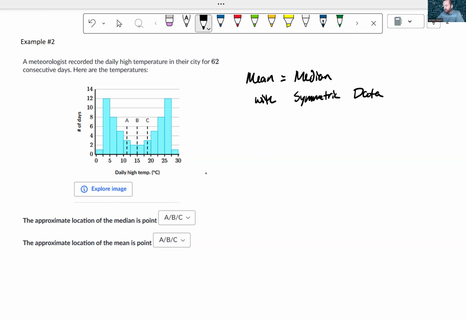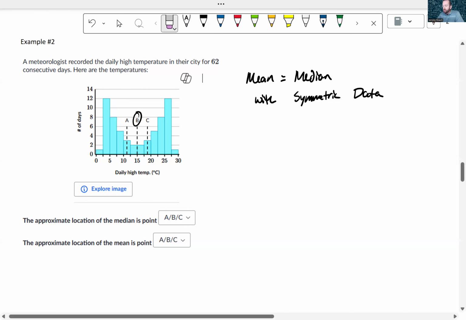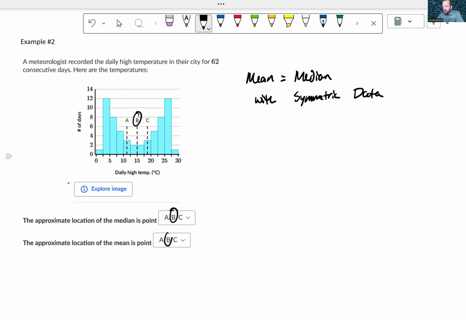And we can see this very clearly that the median is B, and the mean is also B. If we did the same method as before with our individual data points times the frequency divided by 62, the total number altogether, we would get our weighted mean, which would fall within the median. So this one's B and B.